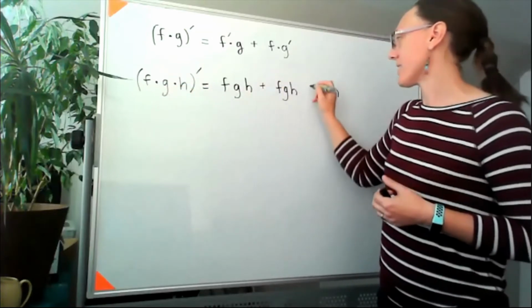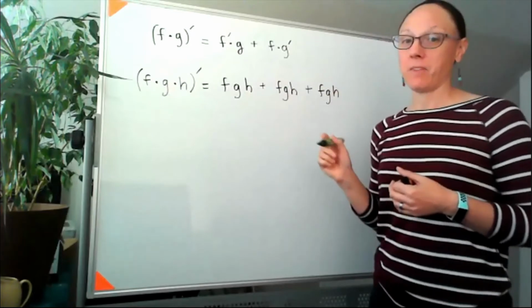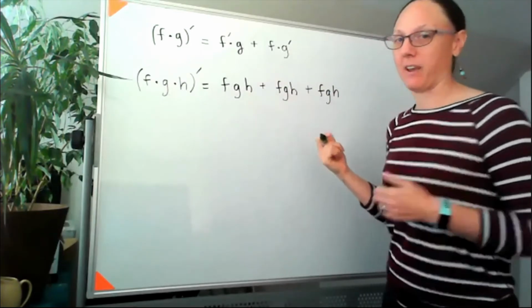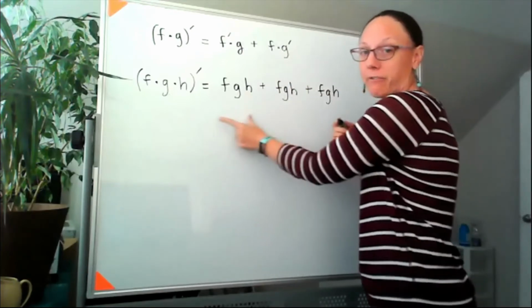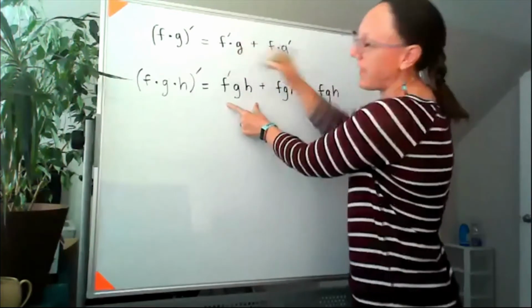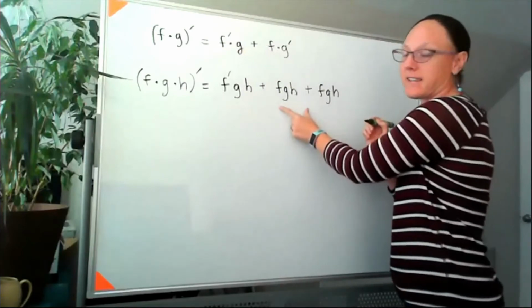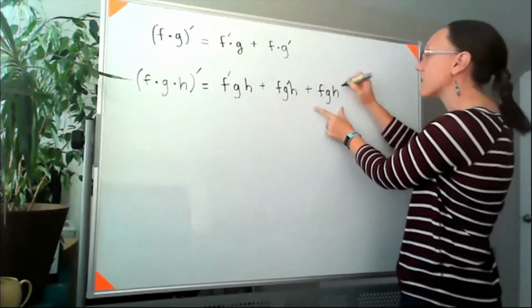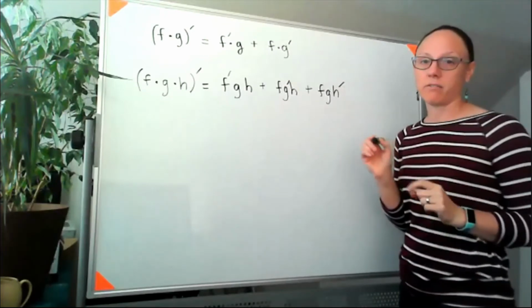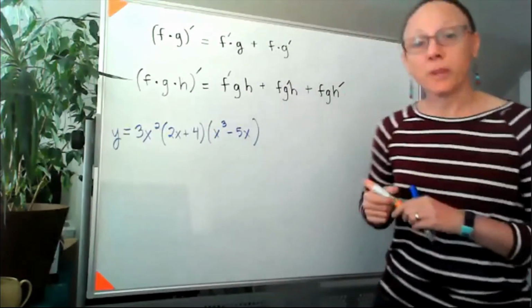So I'd have a plus and a plus. And then I'm going to chase down that derivative again. So I have 3 pieces, and in the first piece, the first letter gets the derivative. In the second piece, the second letter gets the derivative. And in the third piece, the third letter gets the derivative.